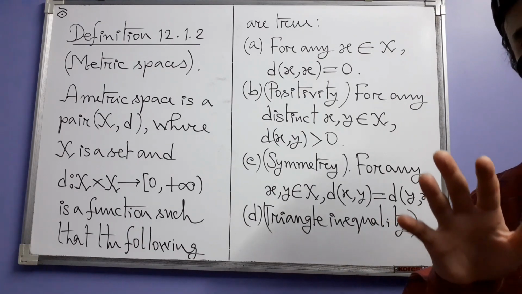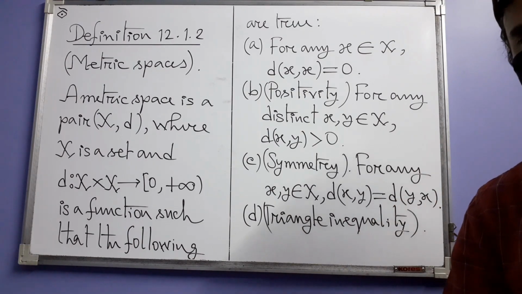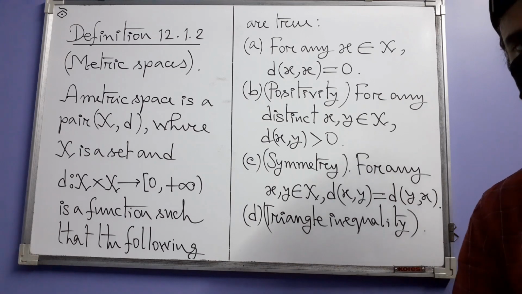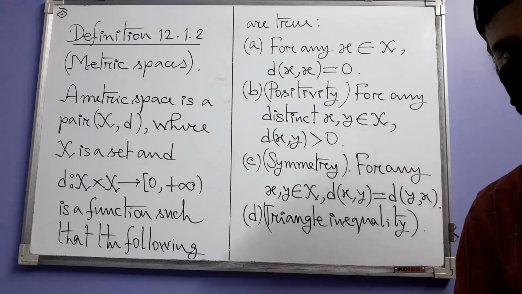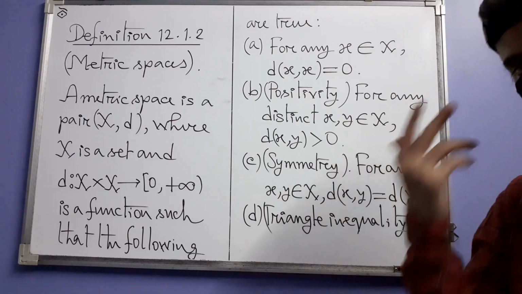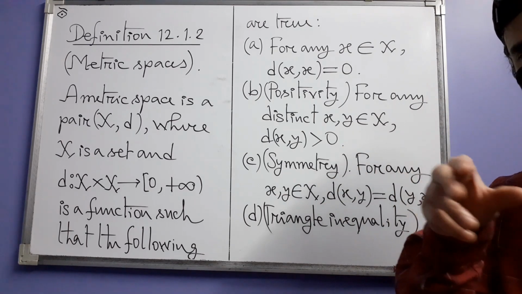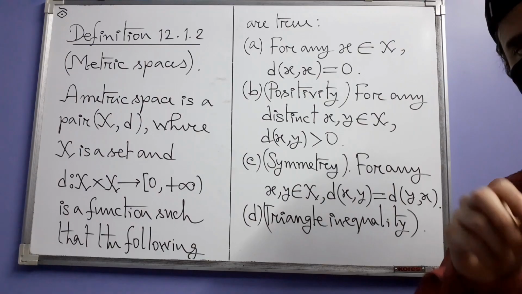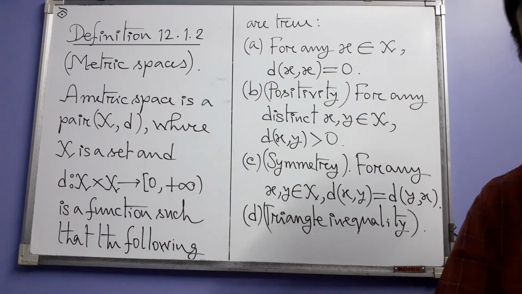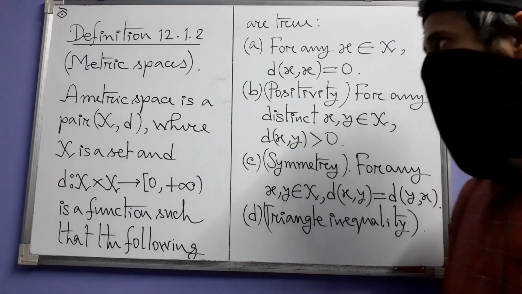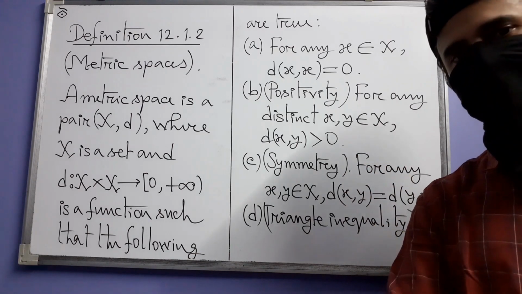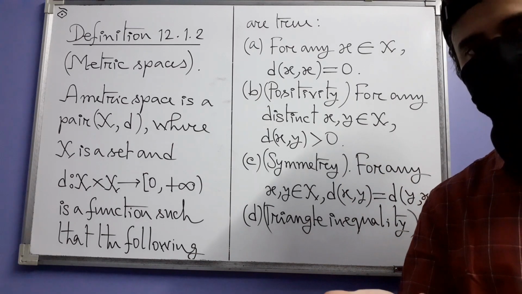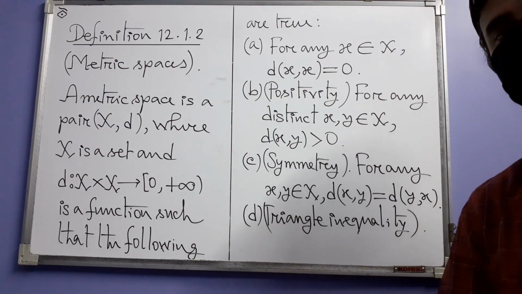And there are some properties or some conditions that the function d satisfies, and these are the conditions, there are 4 of them, which are those important properties that the distance between real numbers has. And these conditions or these properties are very natural, which we expect a distance function to have.